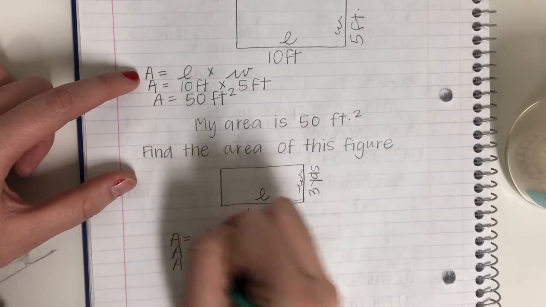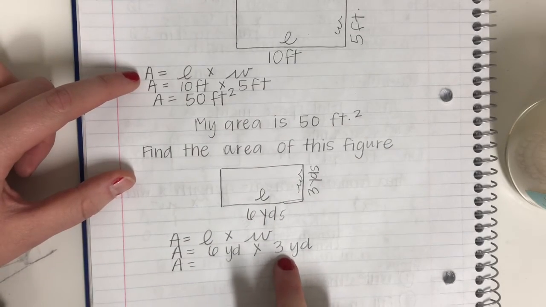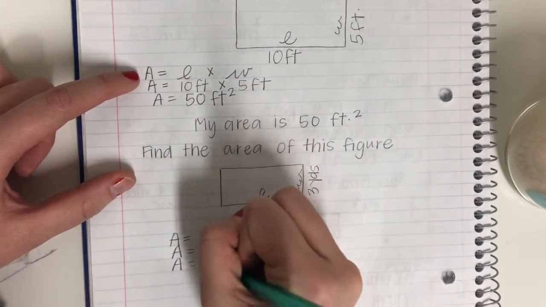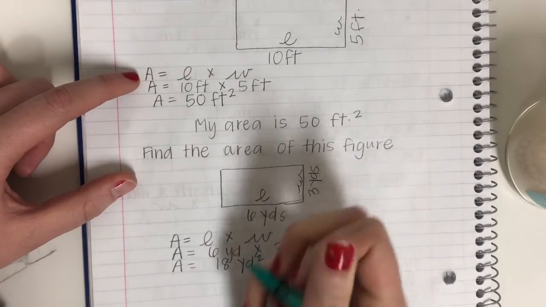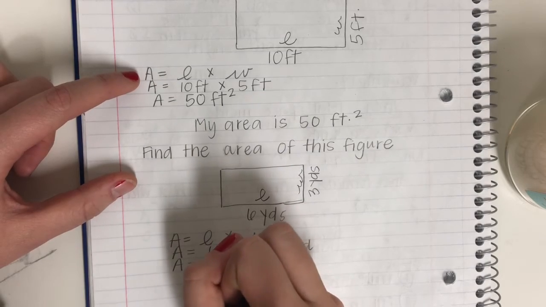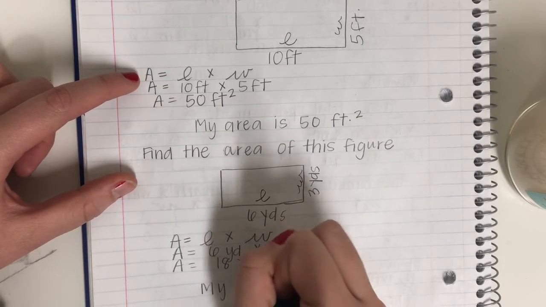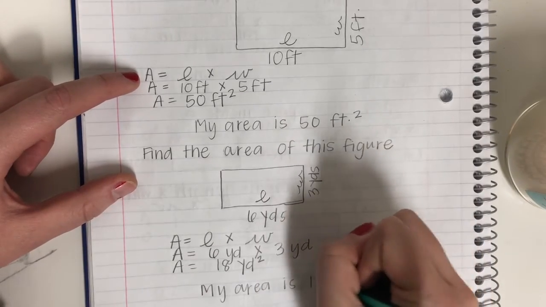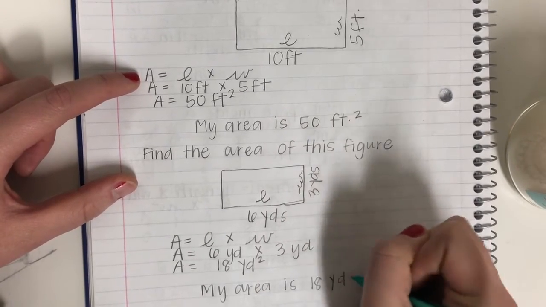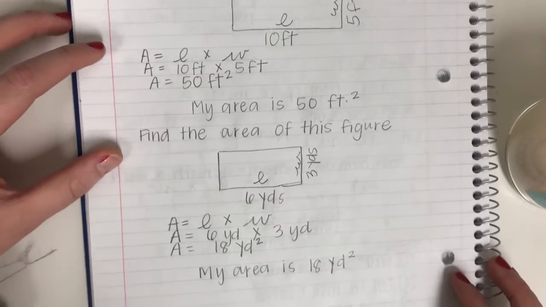Now I solve. 6 times 3 is 18 yards, but then I gotta remember my squared. So my area is 18 yards squared.